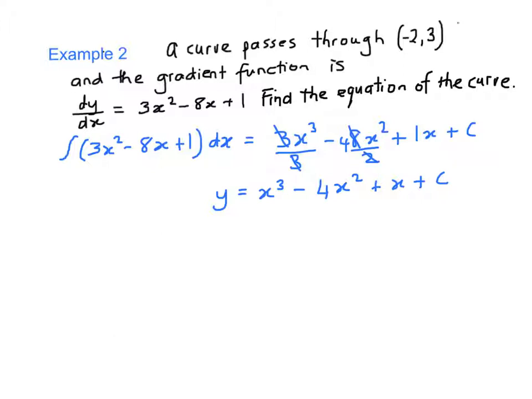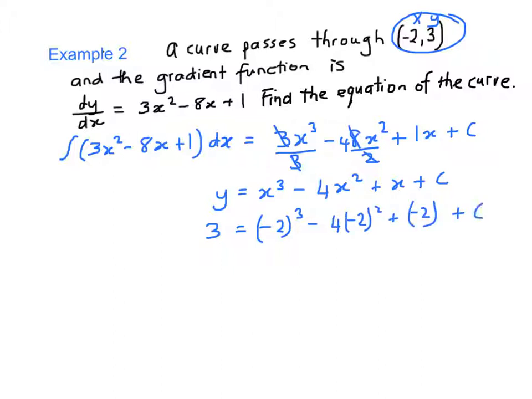Now I know that I've got this point here where my x is -2 and my y is 3. So 3, substituting in, equals -2 to the power of 3 minus 4 times -2 squared plus -2 plus c. 3 equals -2 cubed is -8. 2 2s are 4, 2 4s are 8. -2 squared is 4, so it's -16 plus -2 plus c.